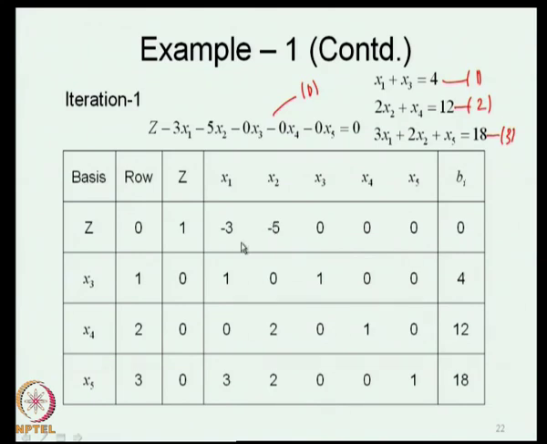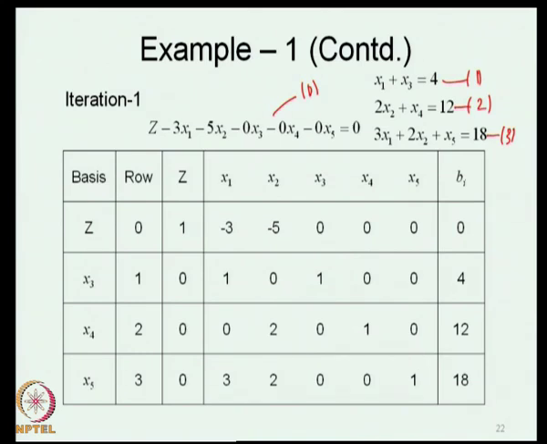So, the answer to the question whether this particular solution is optimal lies in the coefficients of z in the 0th row. If you have at least one variable with a negative coefficient, it means that the solution is not optimal, because the solution can be further improved.